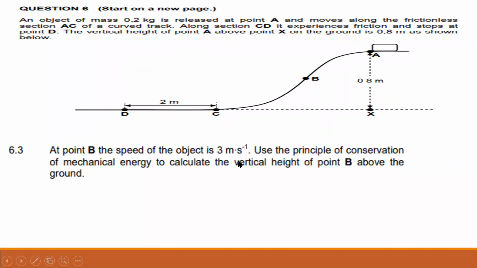Let's continue with the next question, 6.3. They said at point B, the speed of the object is 3 meters per second. Okay, it is given. Initial velocity was 0 at point A. VA equals 0 meters per second. And then VB for this position is 3 meters per second, as you see, it speeds up and velocity is increasing.